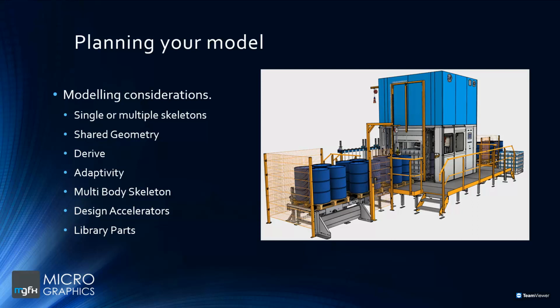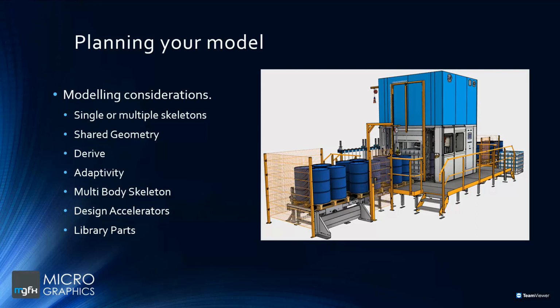Are you going to mainly use derive to pull information from your skeleton file into the parts? Where do you need to use adaptivity? During the design process, you may need to bring information from the assembly back into the reference or into those parts.